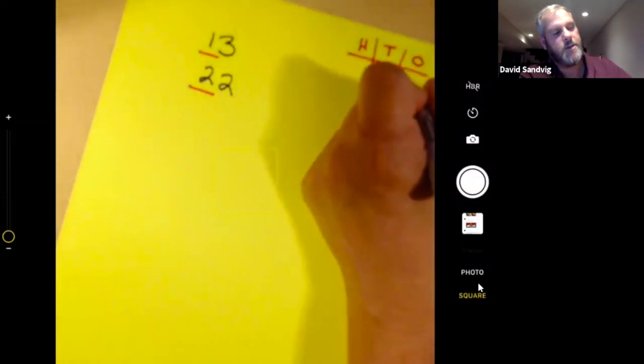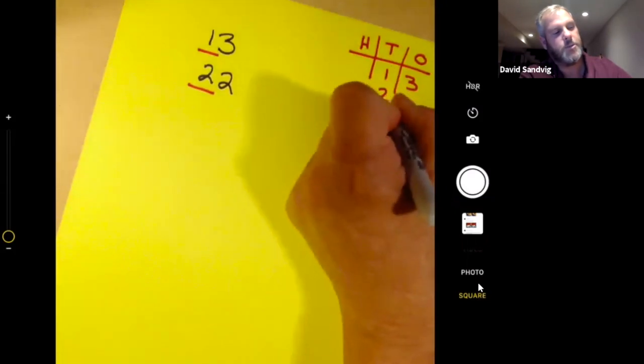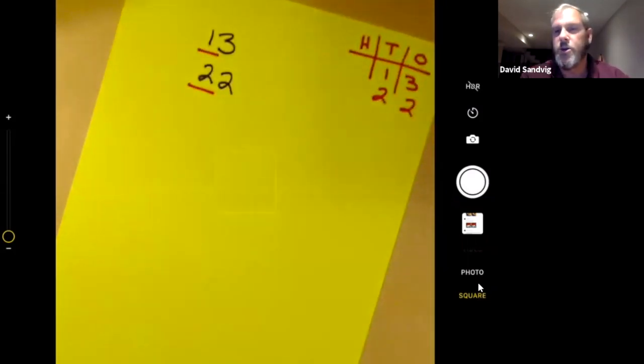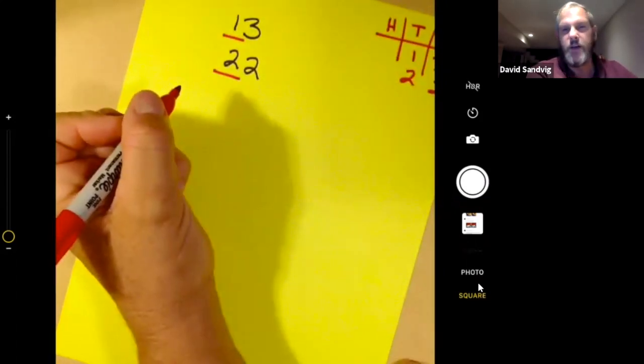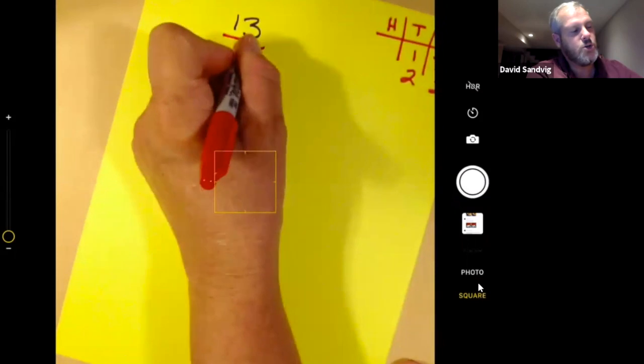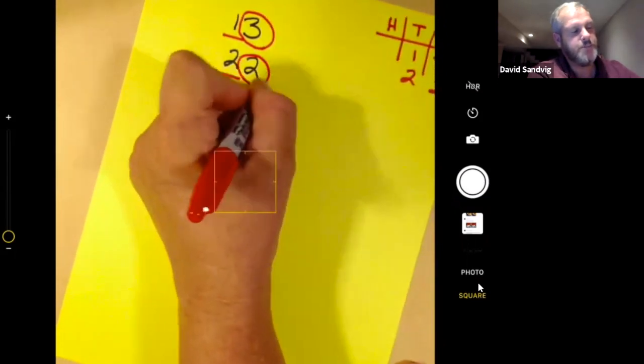And you can place your numbers in to help you know which ones are in. This is why we use scratch paper, because you can write anything on it you want. In addition to underlining the place value, we're going to circle the number to the right.